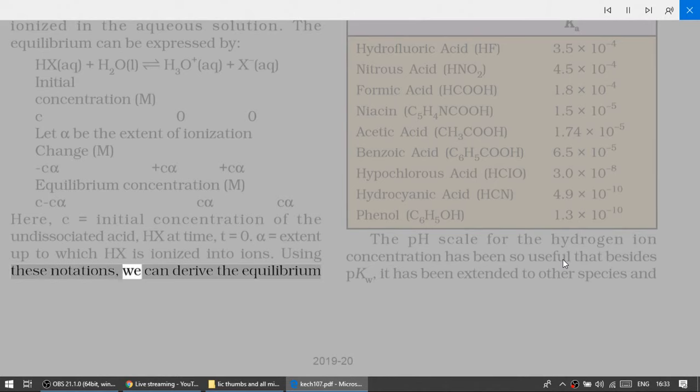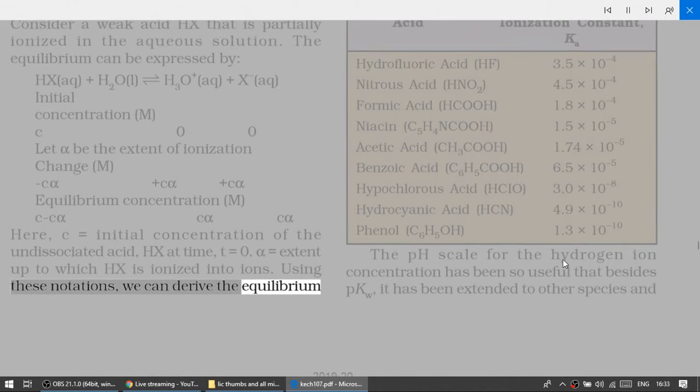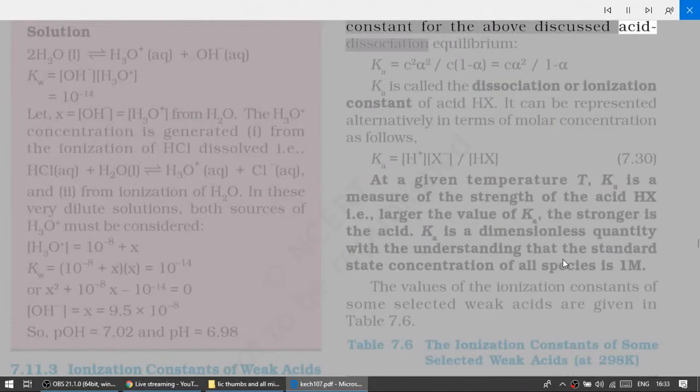Using these notations, we can derive the equilibrium constant for the acid dissociation equilibrium discussed above. K = C²α²/C(1−α) = Cα²/(1−α). K is called the dissociation or ionization constant of acid HX. It can be represented alternatively in terms of molar concentration as K = [H+][X−]/[HX] (7.30).